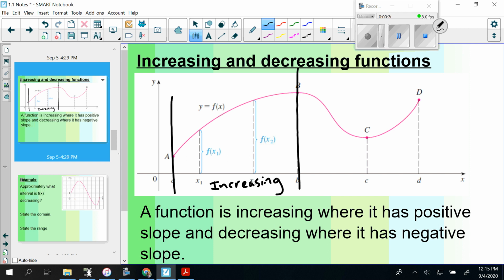From B to C here, now we're decreasing because we have negative slope, and then we're back to increasing here from C to D. So that is just using the slope concept you've had before.